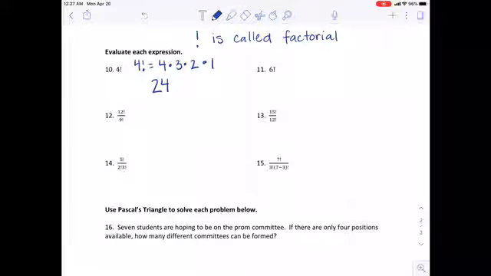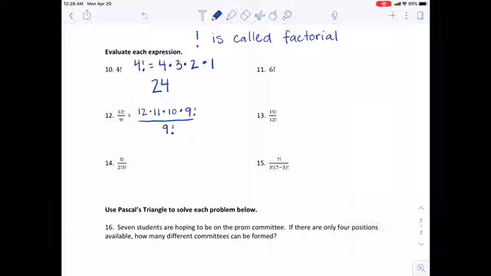All right, well, if you look at problem 12, we have 12 factorial divided by 9 factorial. Well, I know that 12 factorial is 12 times 11 times 10 times 9 times 8 times 7, and so on. But instead of writing all of those terms out, I'm going to write it as 12 times 11 times 10 times 9 factorial. And the reason I did that is because I see that it's being divided by 9 factorial.